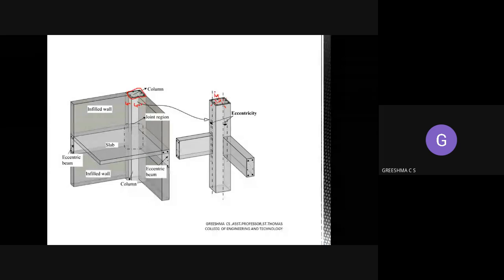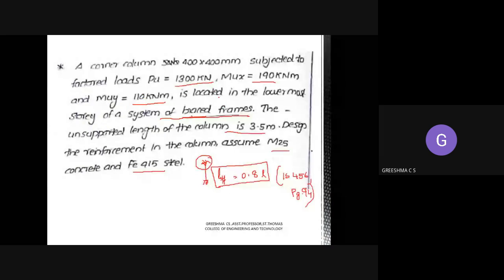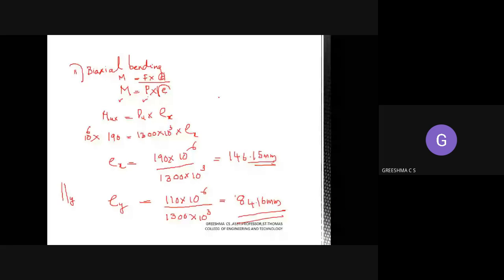Somewhere here the load will be acting. So that much detail we have got. That's the eccentricity that is occurring in the column as per the moment.